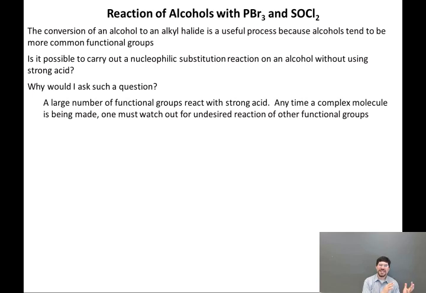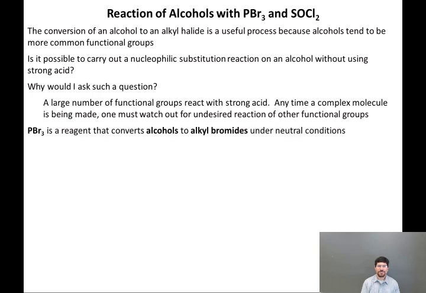Selectivity for one functional group over another is called chemoselectivity, and then at an even higher level, you start to think about reagents that are stereoselective, so they'll only give you one of two possible stereoisomers. But for the moment, we're looking for reagents that are chemoselective, that will go after alcohols and turn them into alkyl halides under neutral conditions.